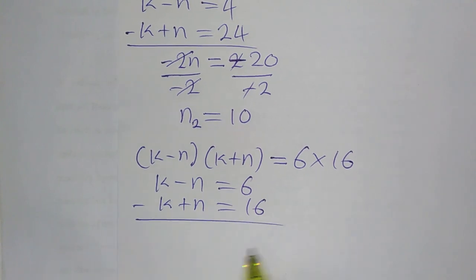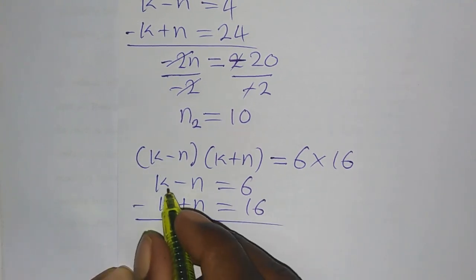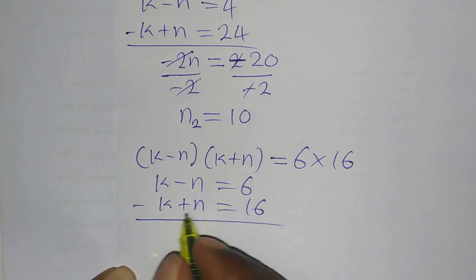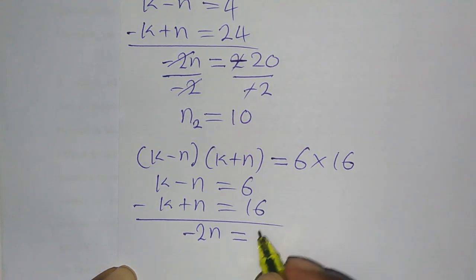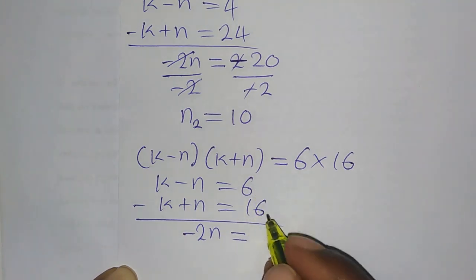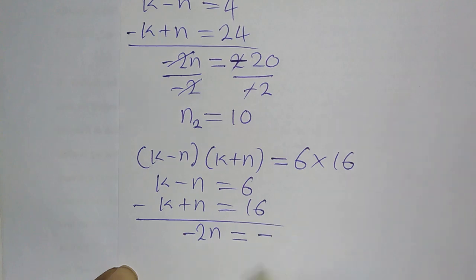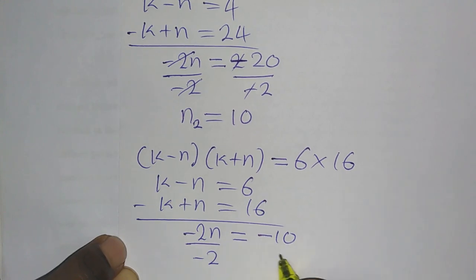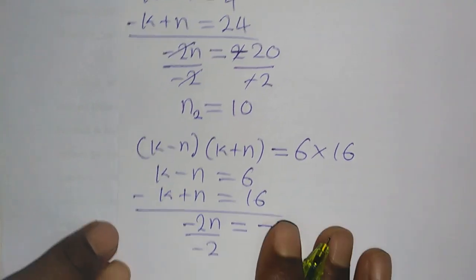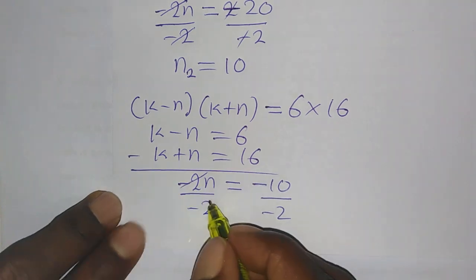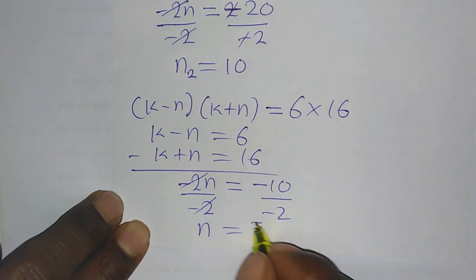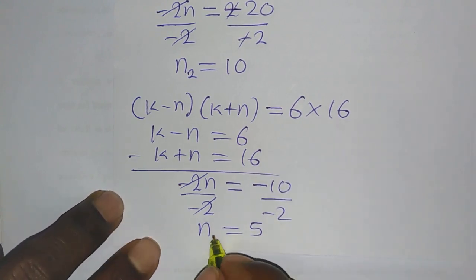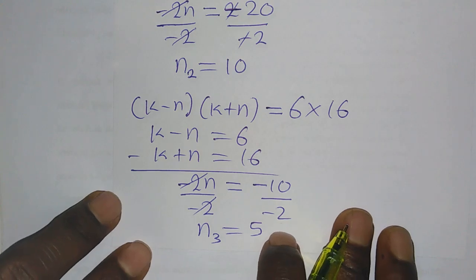Then we subtract the two equations. k minus k is 0, minus n, we have minus 2n equal to 6 minus 16, we have minus 10. Therefore, we divide both sides by minus 2. We have n equal to 5. This is the third value of n.